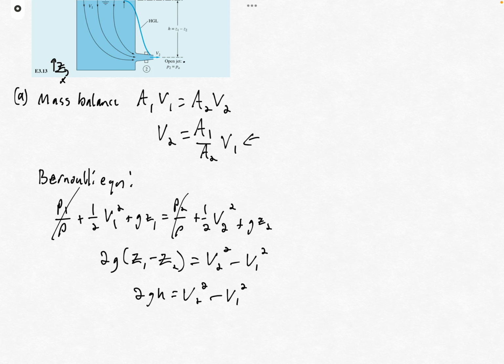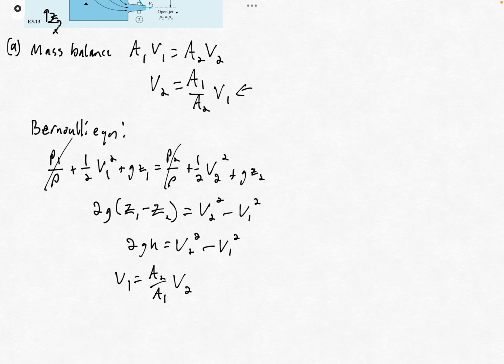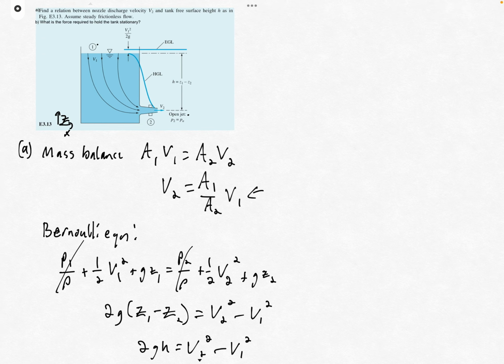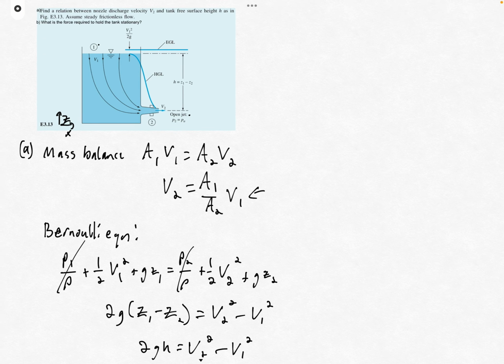And now we're going to come back to our mass balance, where I'm going to rewrite this to solve for V1. So V1 is going to be equal to A2 over A1 times V2. Now, we typically assume, and in this case it's a good assumption, that the area at surface 2 is much, much smaller than the area at surface 1, right?